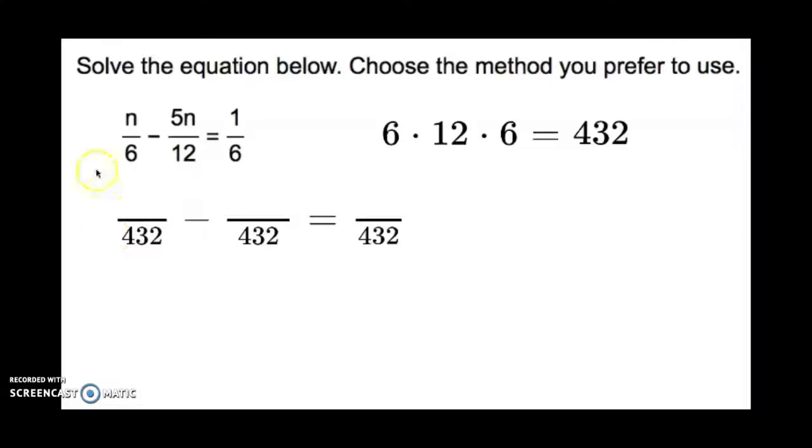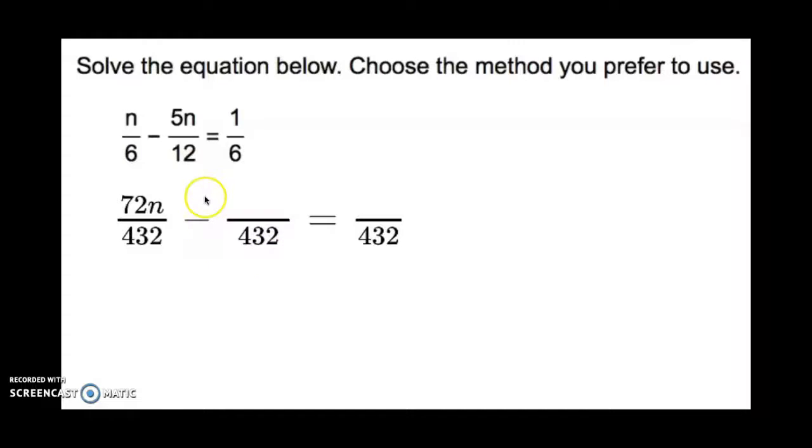So I multiply the top number by 72 in this one, and I get 72n over 432.